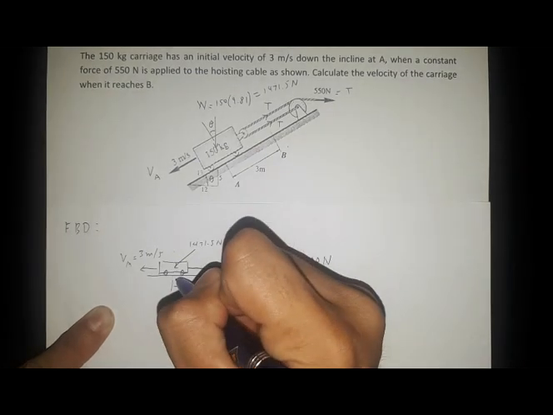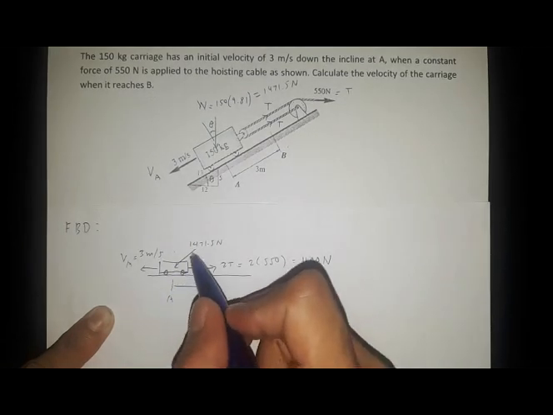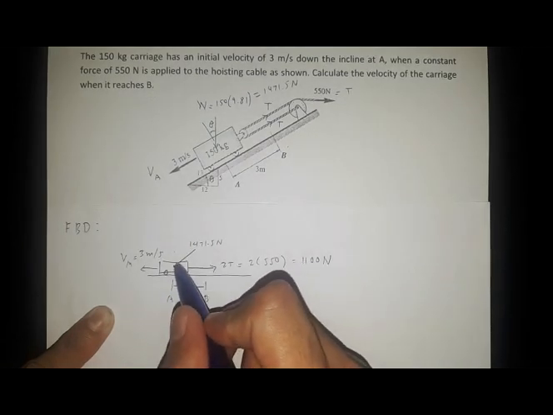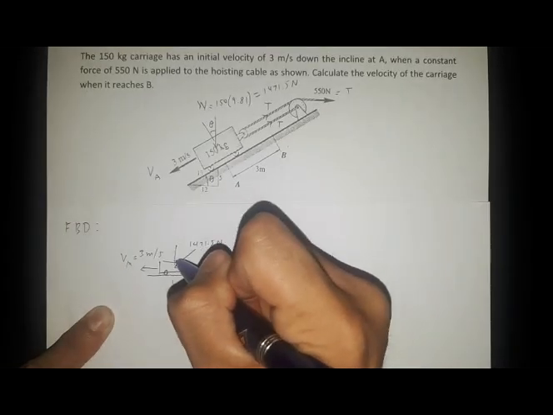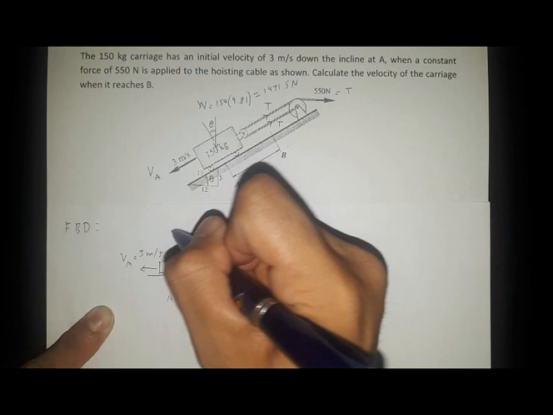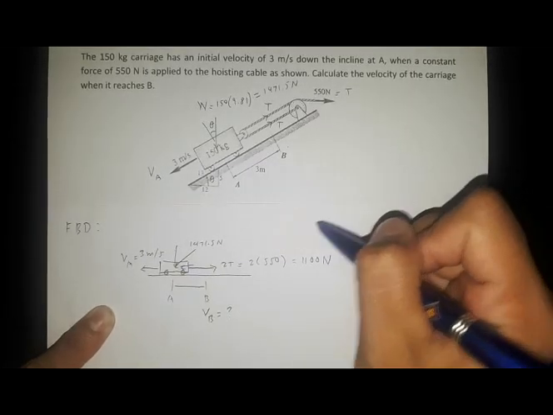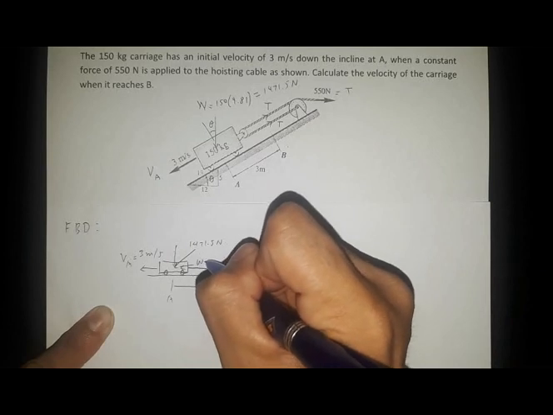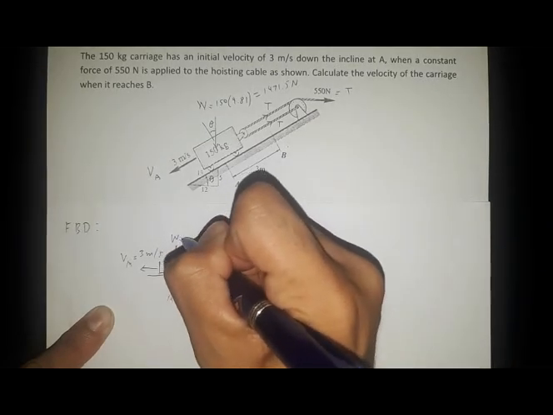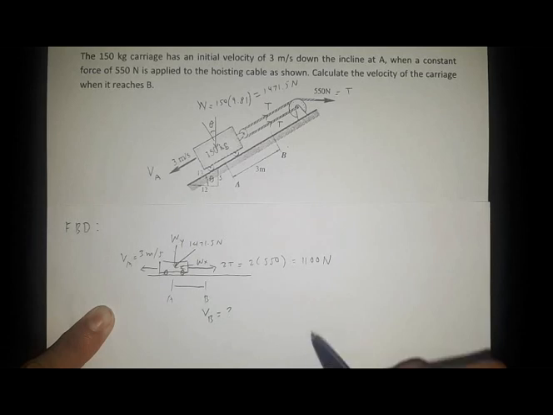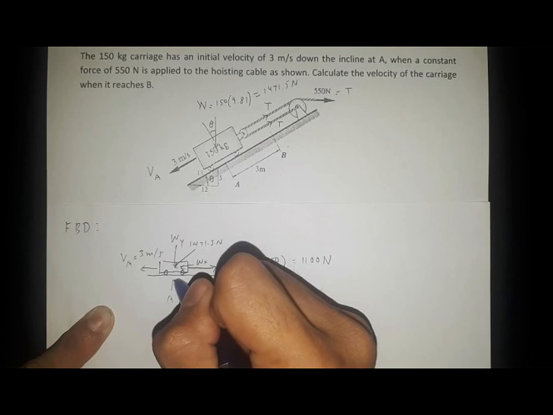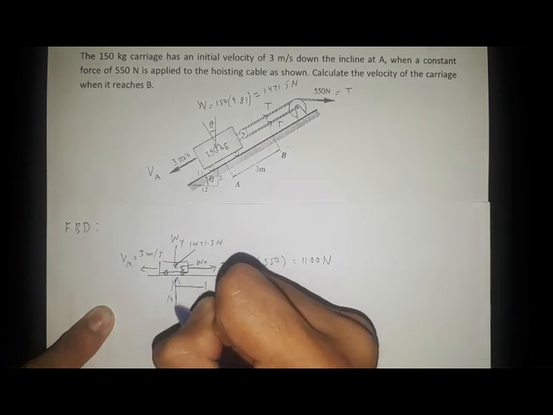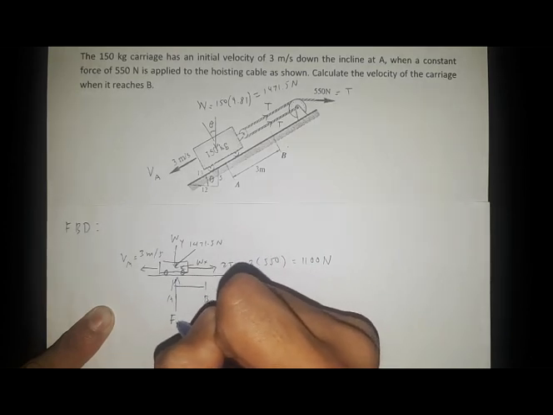So if this is your weight on a diagonal direction, it has a y component and x component. So this is your Wx, this is your Wy, and we also have here the normal force exerted by the ground. So this is your Fn.